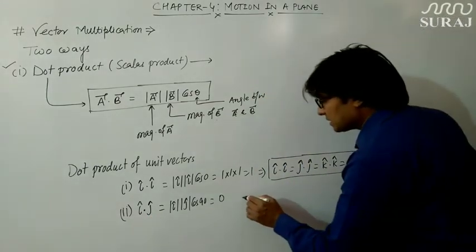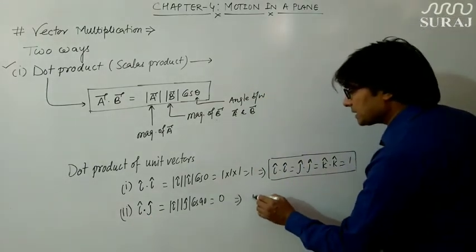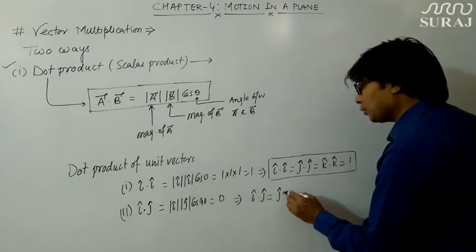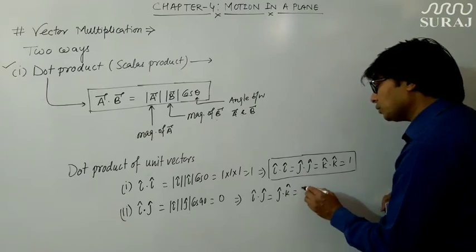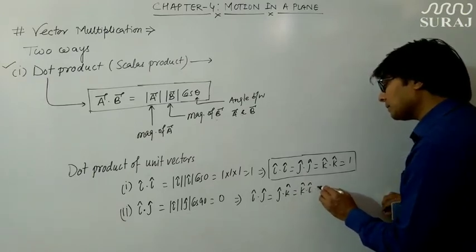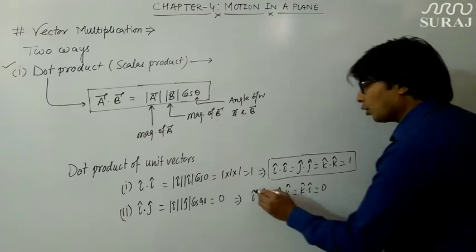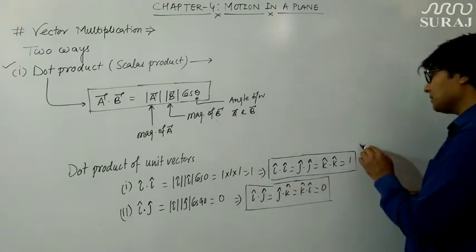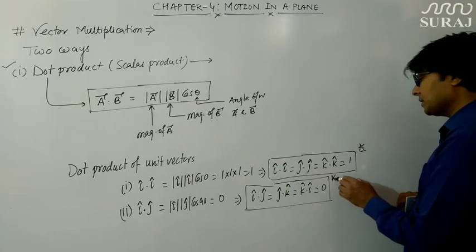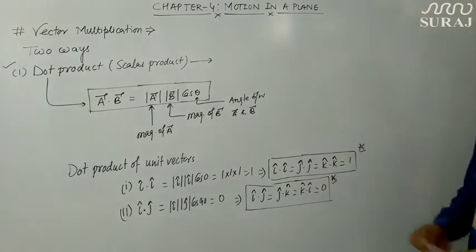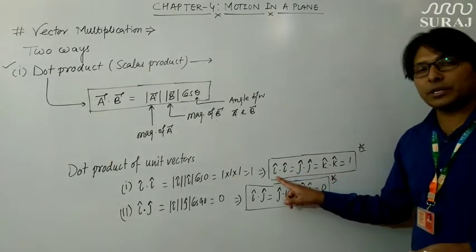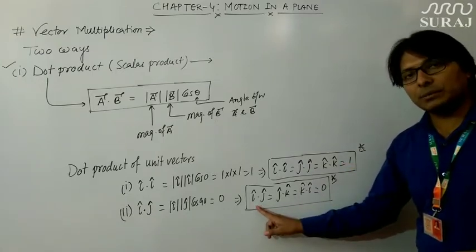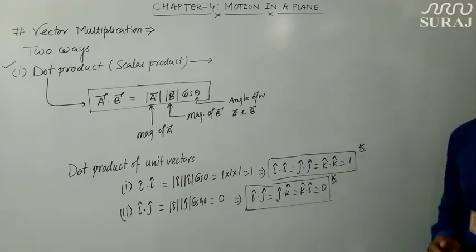So as a standard result I can write down here as i cap dot j cap is equal to j cap dot k cap is equal to k cap dot i cap is going to be 0 always. So these are standard results, and you must keep in mind that the dot product of similar unit vectors is always unity, and the dot product of dissimilar unit vectors is always 0.